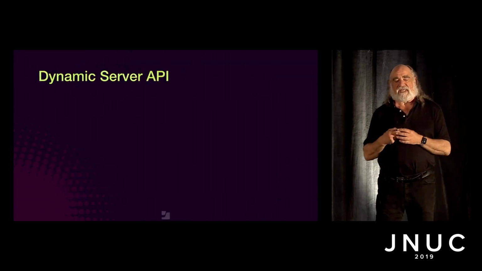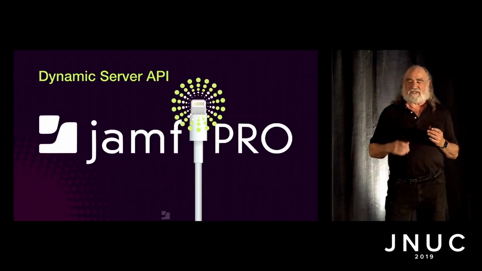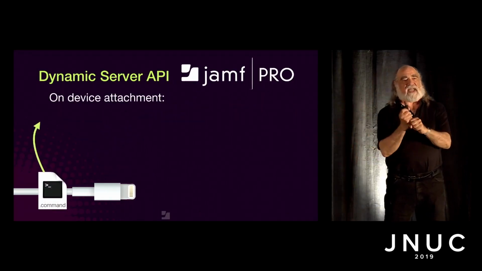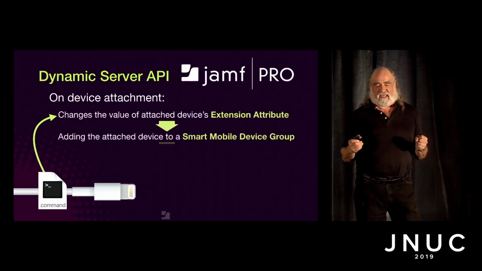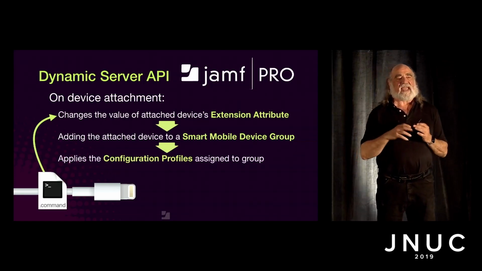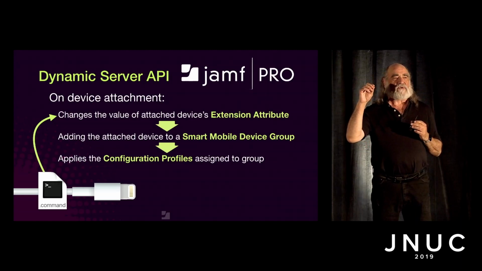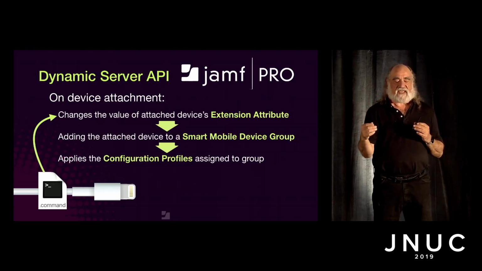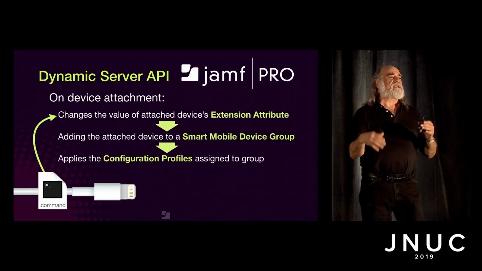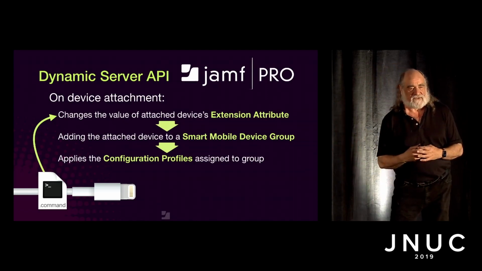And if you want to really customize something, you can use the dynamic server API from Jamf Pro so that when the device is attached to the cart, it will automatically change an extension attribute of a pre-enrolled device, which will then put that in a certain smart group, which will then assign a bunch of configuration profiles to it.